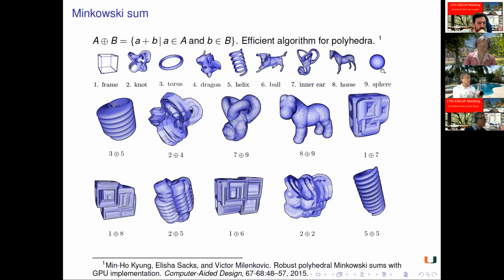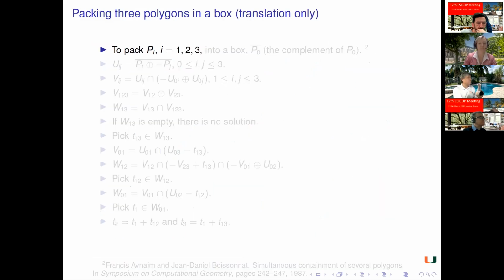Here are some nice polyhedral shapes: frame, knot, torus, dragon, helix, bull, inner ear, horse, and so forth. Here, for instance, the horse Minkowski sum with the sphere gives us a somewhat dumpy horse. The knot plus the dragon gives, I don't know, a very knotted dragon. So very interesting shapes we can do. So we can do Minkowski sums of polyhedra.